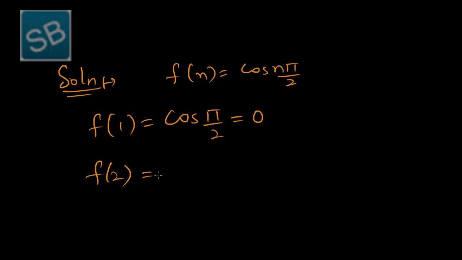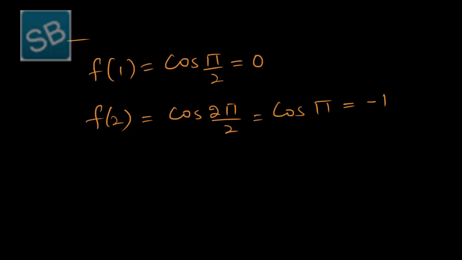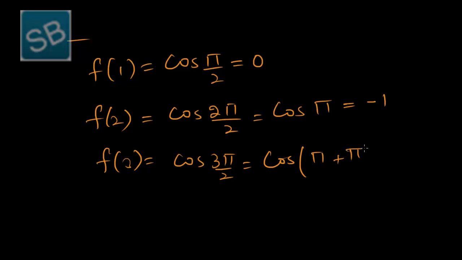Now f of 2 is cos 2 pi over 2, that is cos pi. Cos pi is minus 1. Now the third term is f of 3. Cos 3 pi by 2 can be written as cos of pi plus pi by 2.